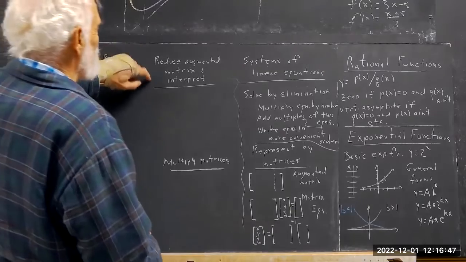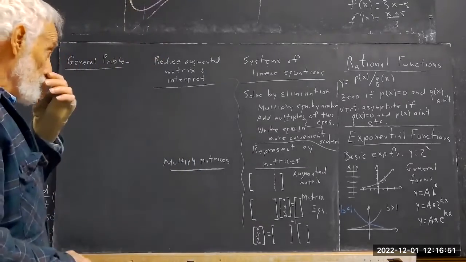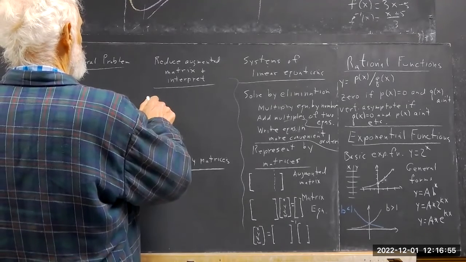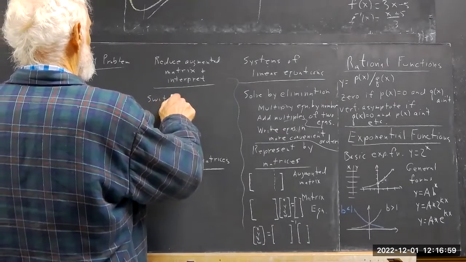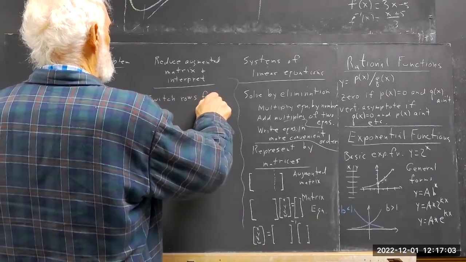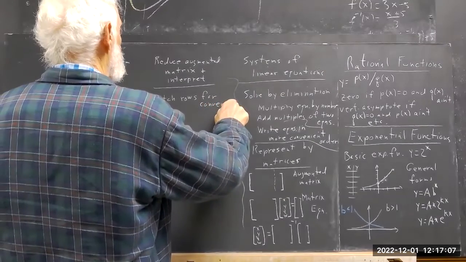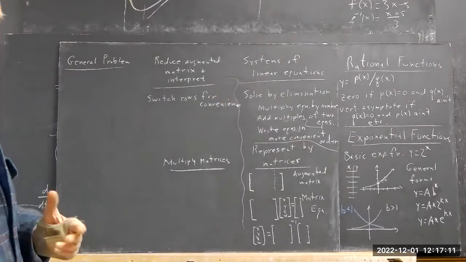Okay, reduce an augmented matrix and interpret. How do you reduce an augmented matrix? You can switch rows for convenience.